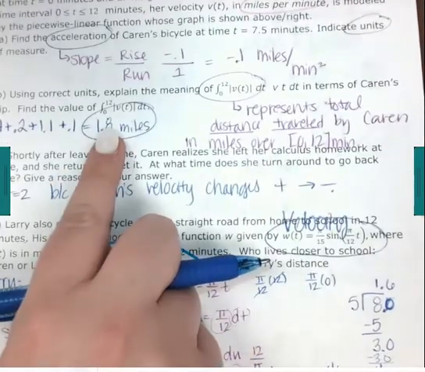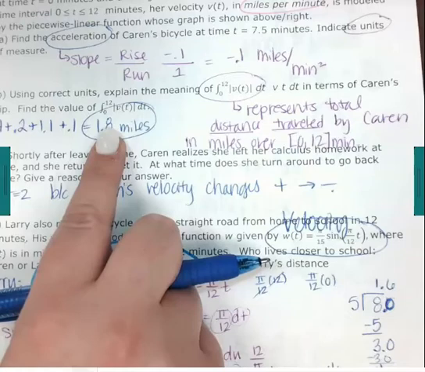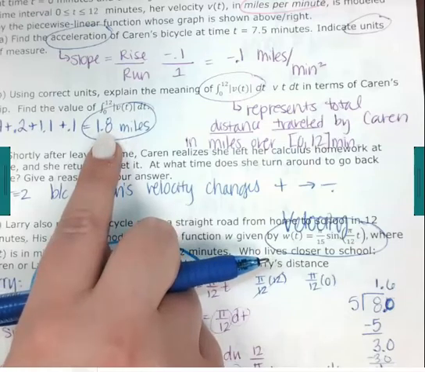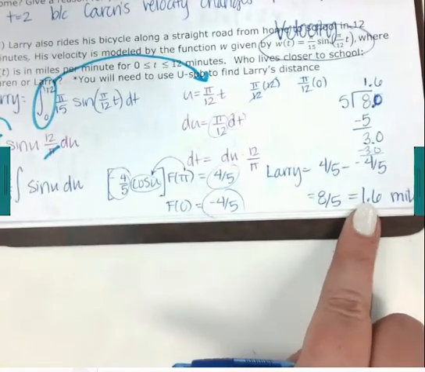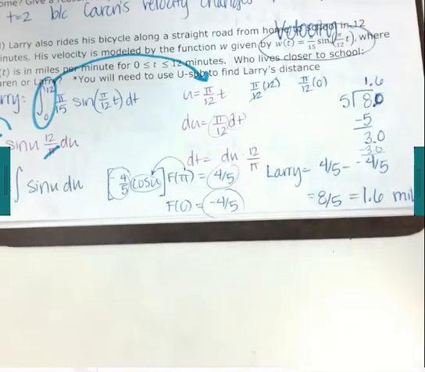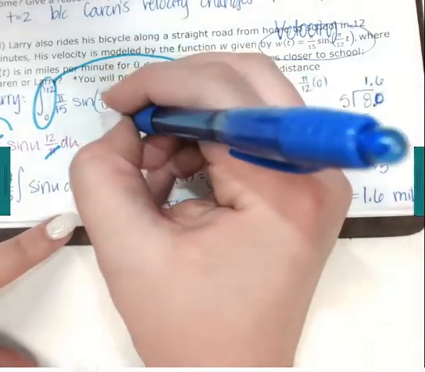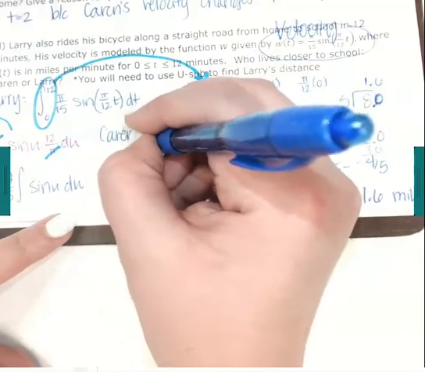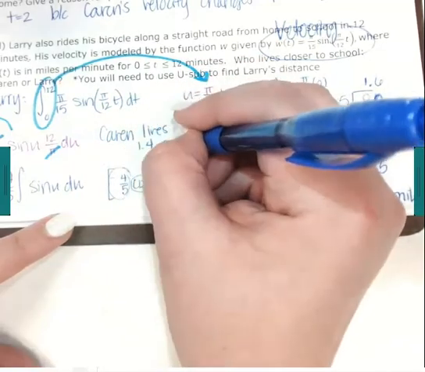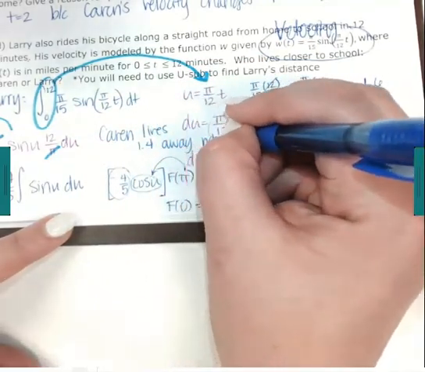So she went 0.8, but 0.4 of that was her own fault. So she lives how far away from home? 1.4. He lives how far away? 1.6. Then who lives closer? Karen. Get it? Okay, we love Karen. Karen lives 1.4 away, which is closer.